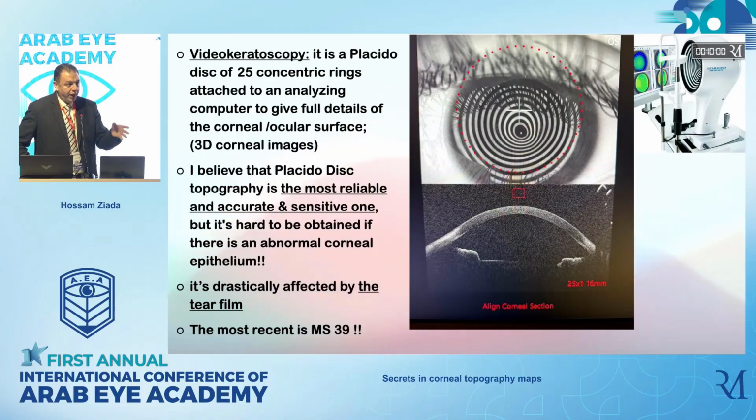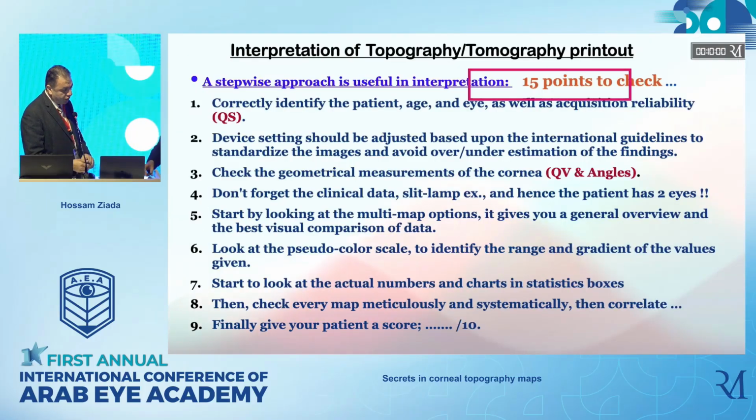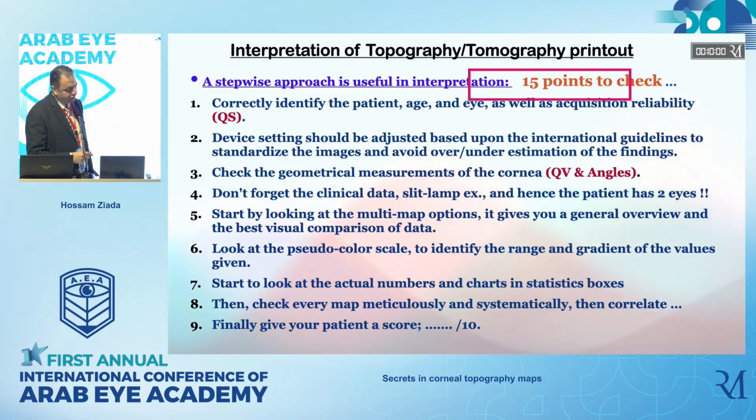But the drawback of the Placido disc is that it will be affected much by dry spots, opacities, and tear film instability. Okay, so on the interpretation of the tomography printout, you have to check 15 points in your investigation, and as you see here, you can run through them.